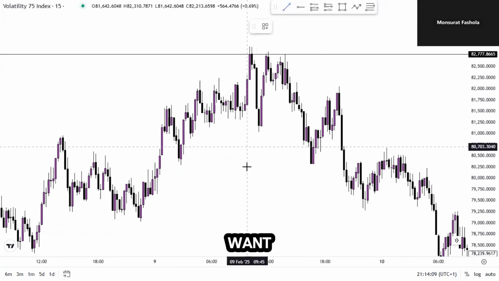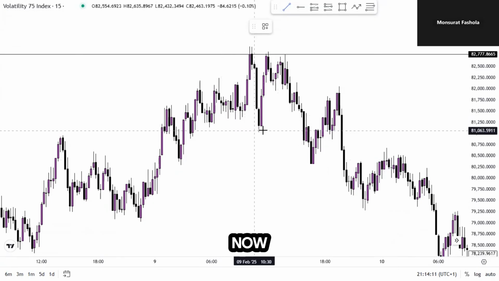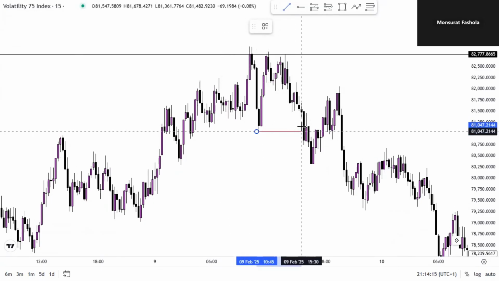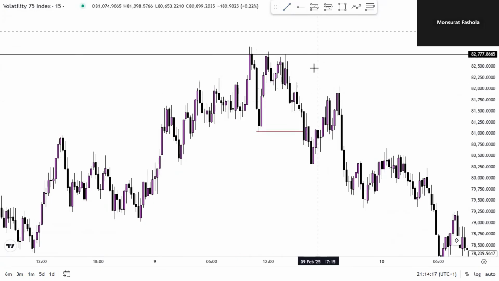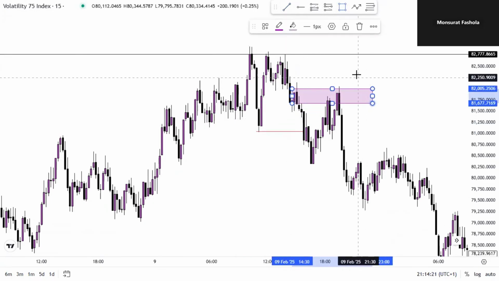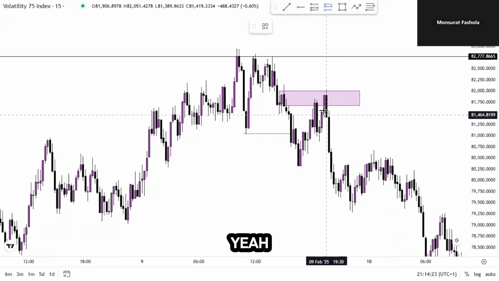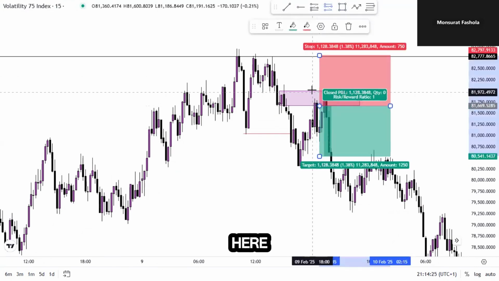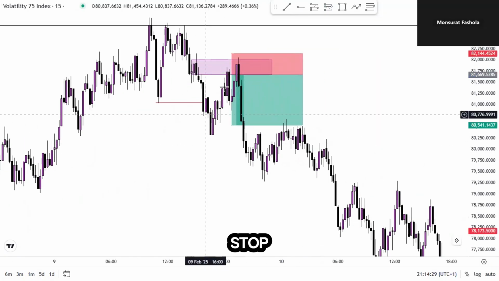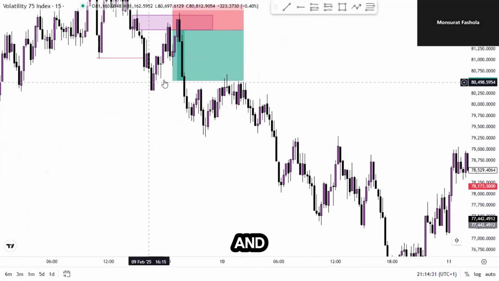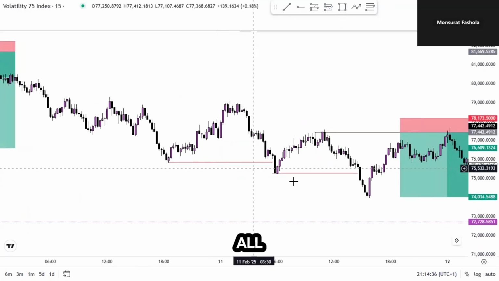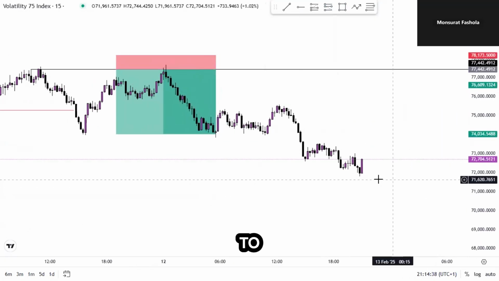This is the structure I want to draw right now to make you understand. This is the change of character here. And now there's another block here. You take your entry from here, your stop loss above, and you set your target all the way down to this point.